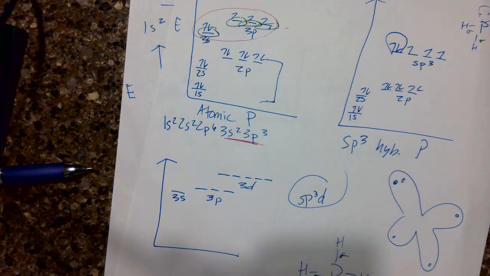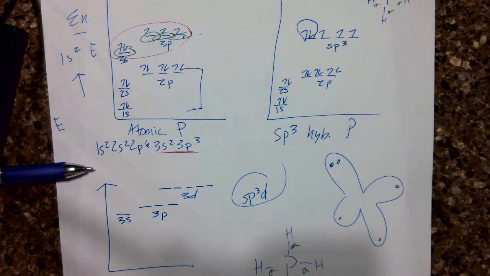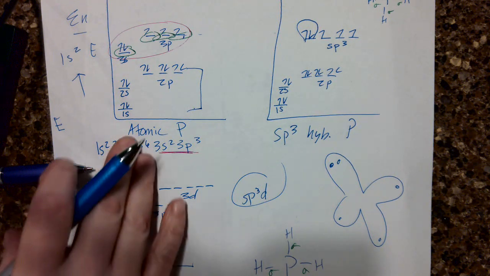Phosphorus is able to do this because phosphorus has 3 energy levels, and we get the D subshell once we get to 3 energy levels. You have to be that big and have that many electrons to have access to a D subshell. So phosphorus is able to do this.